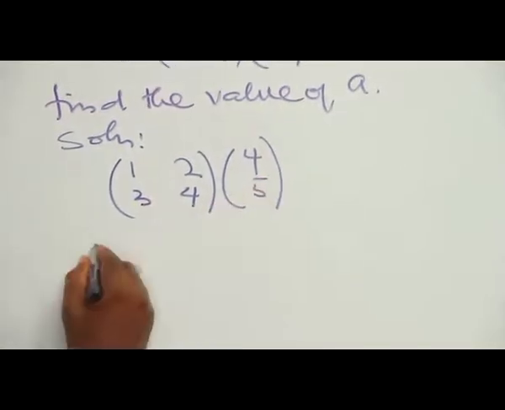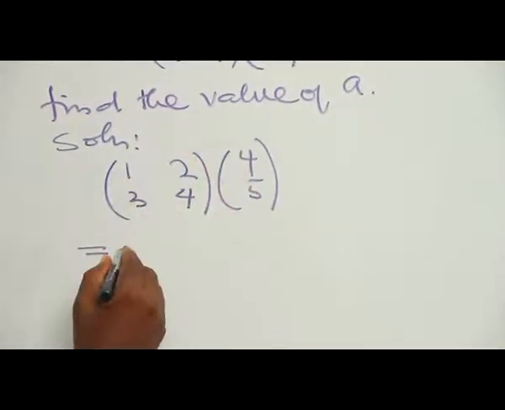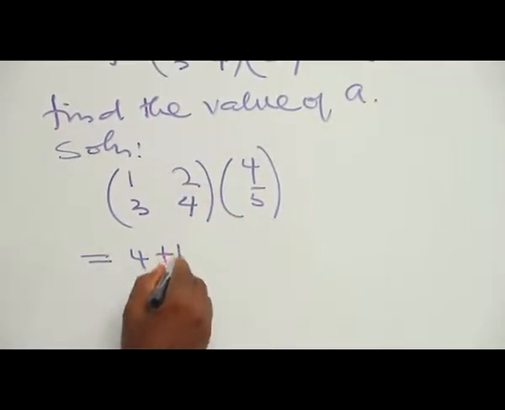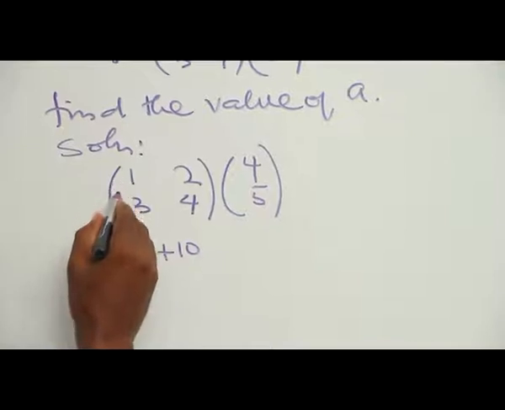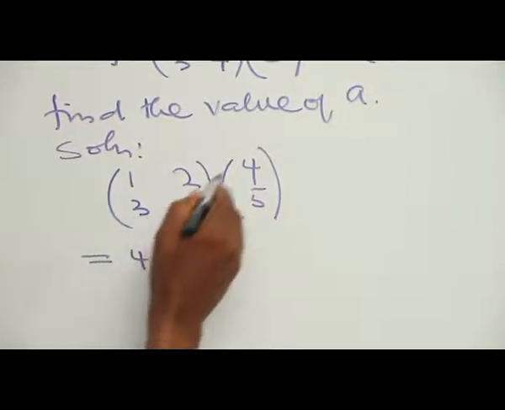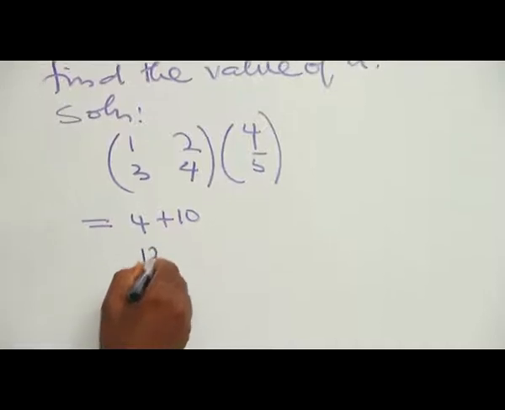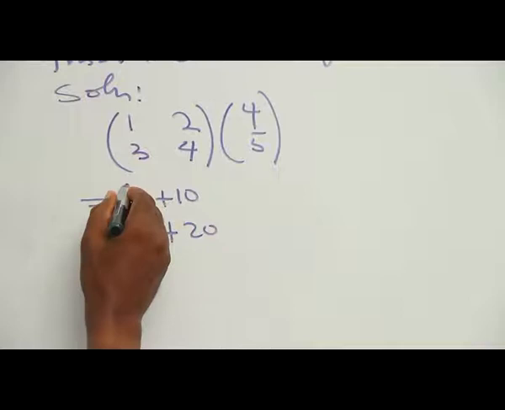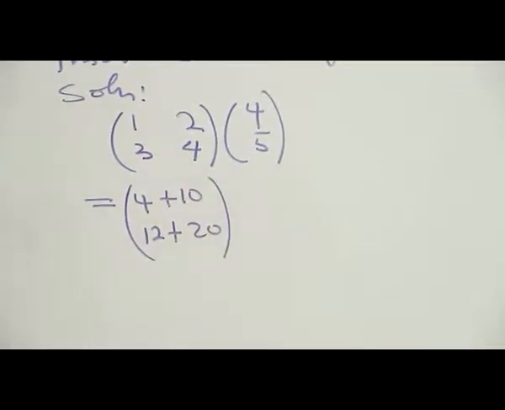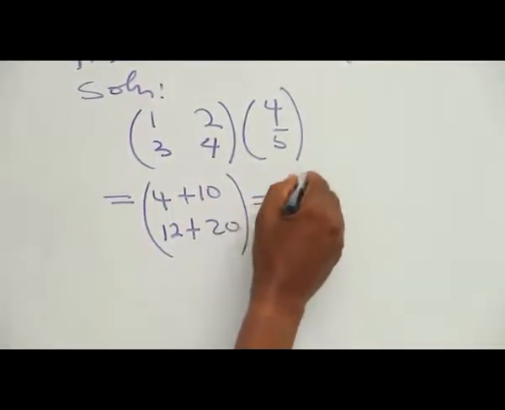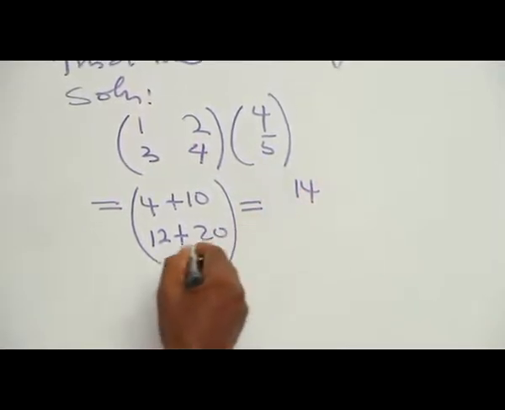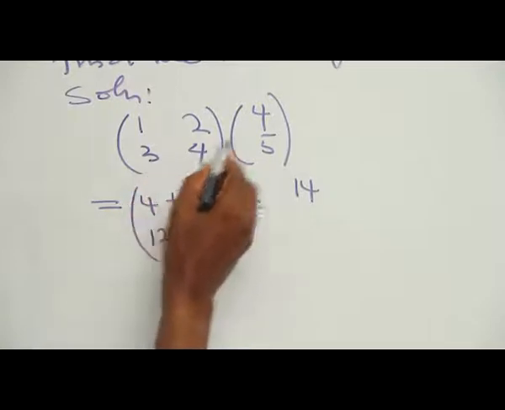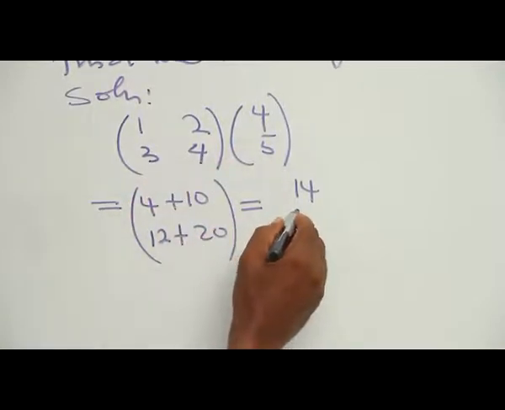This will give you 1 times 4 is 4, and 2 times 5 is 10. The next one is 3 times 4 is 12, and then 4 times 5 is 20. It's a column matrix, and this will give you 14, and this will give you 32.